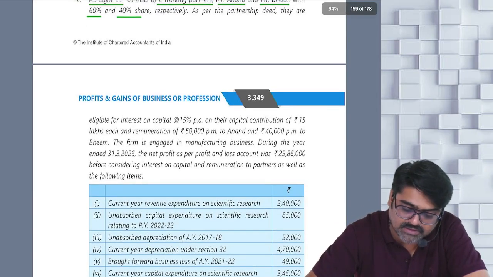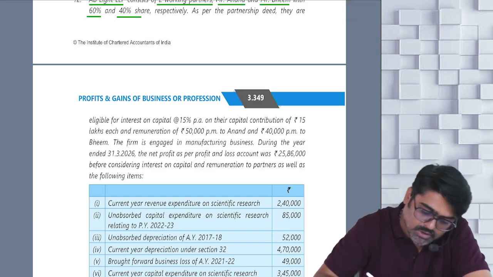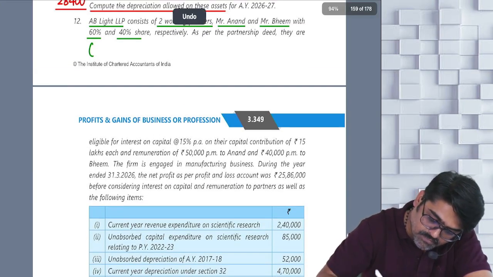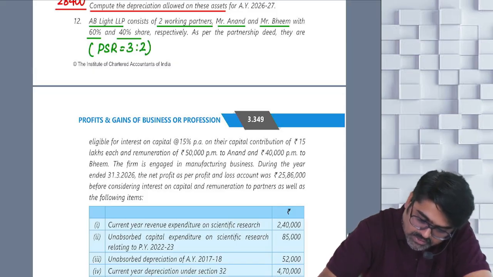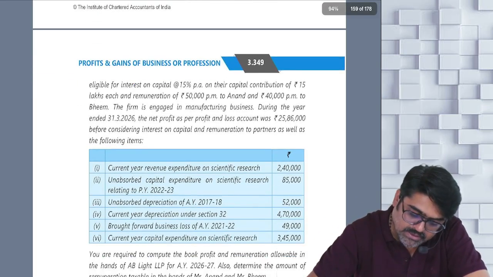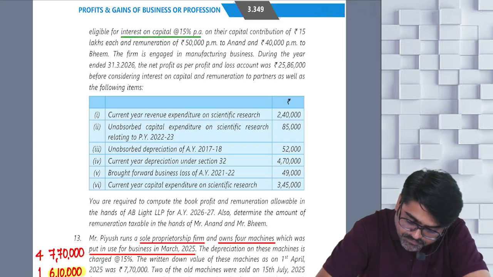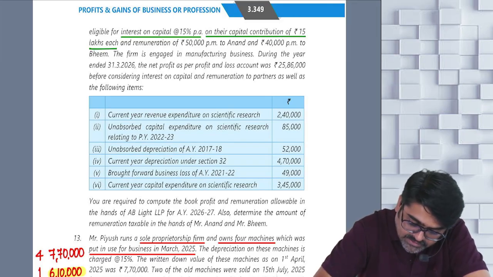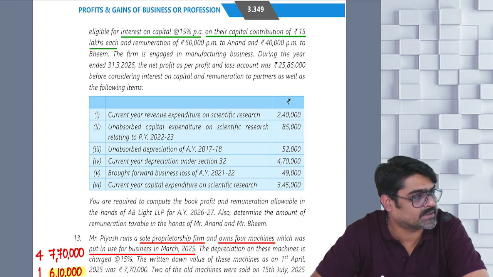So as per the partnership deed, what is the profit sharing ratio? 6:4, 3:2. So PSR, profit sharing ratio, is equal to 3:2. Now see, as per the partnership deed, they are eligible for interest on capital on their capital contribution of 15 lakhs each. So the partnership deed says that they should get the interest. How much interest?